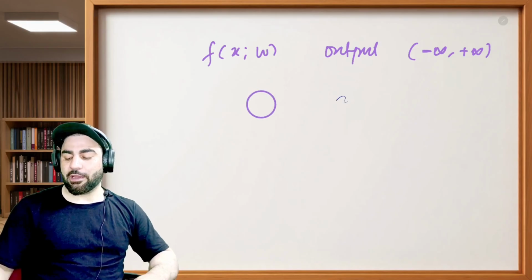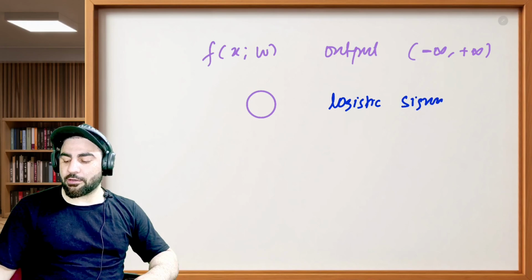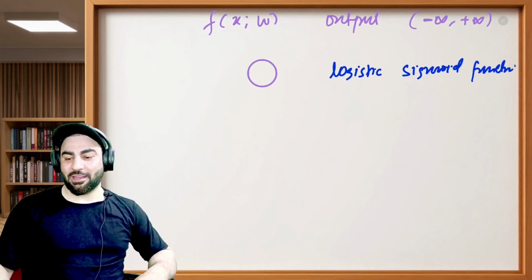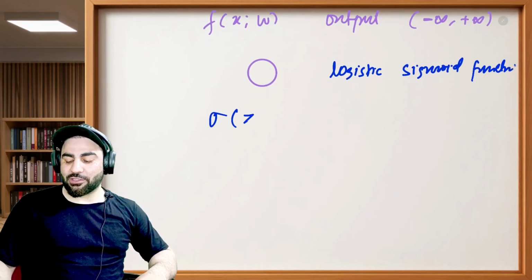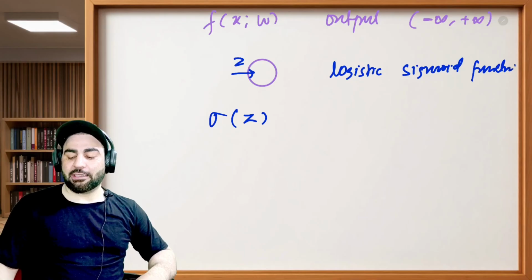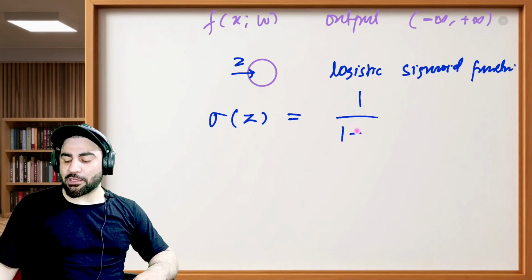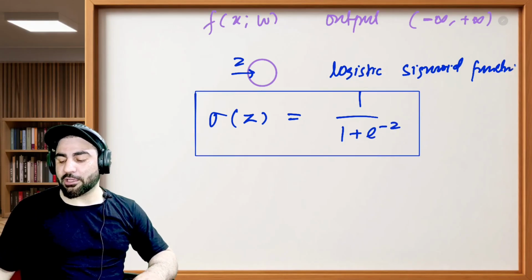So we can apply the logistic sigmoid function on this. We have covered that in detail. If z is the output, the logit, and you apply sigma of z, that is 1 divided by 1 plus e to the minus z. This is the function that we usually apply so that it converts into a probability.